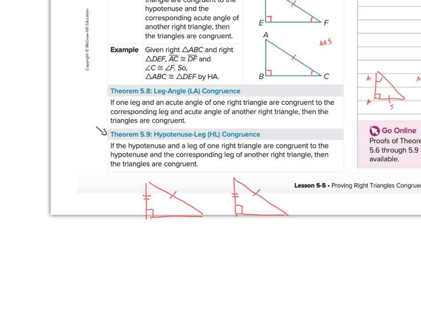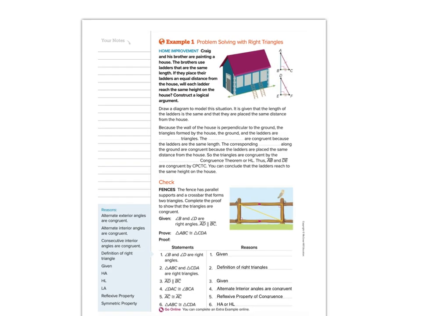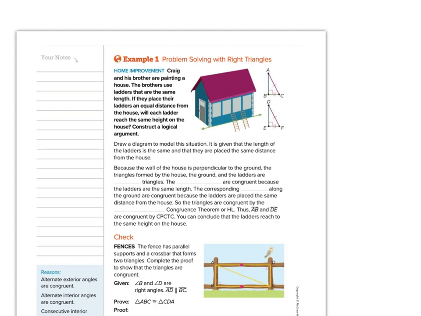Now don't be confused. This is a side, and a right angle. This is a hypotenuse leg. You have to have a right angle to have a hypotenuse. This is not the same thing as angle, side. This is hypotenuse leg, because you only get a hypotenuse if you have a right angle. So that is why this is unique.